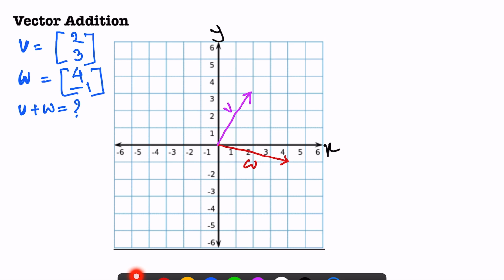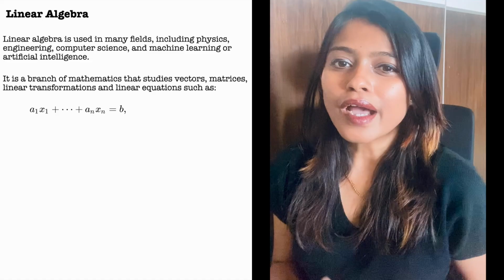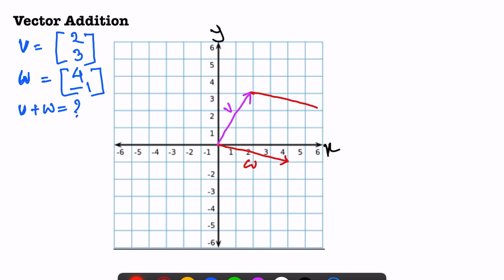So let's move this vector and place it here. So this is also W. And the resultant vector will be this one, V plus W. Now let's try to understand the intuition behind this.